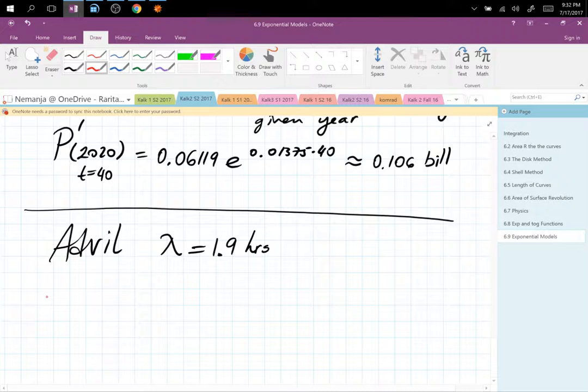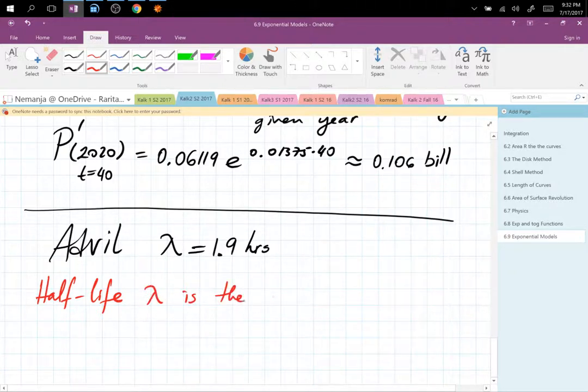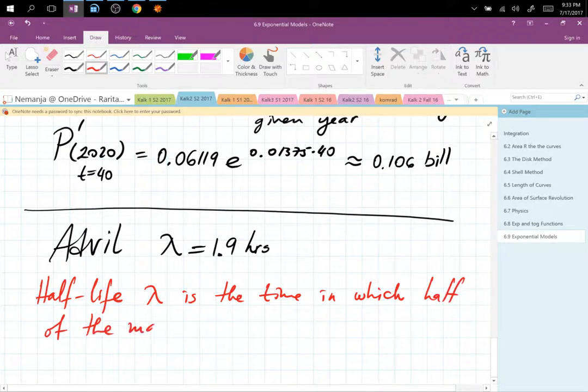And first of all, this half-life, apart from being an awesome video game, we also know that the half-life is the time in which half of the mass is lost. Now, I don't want to say decayed because we lose mass in different ways.